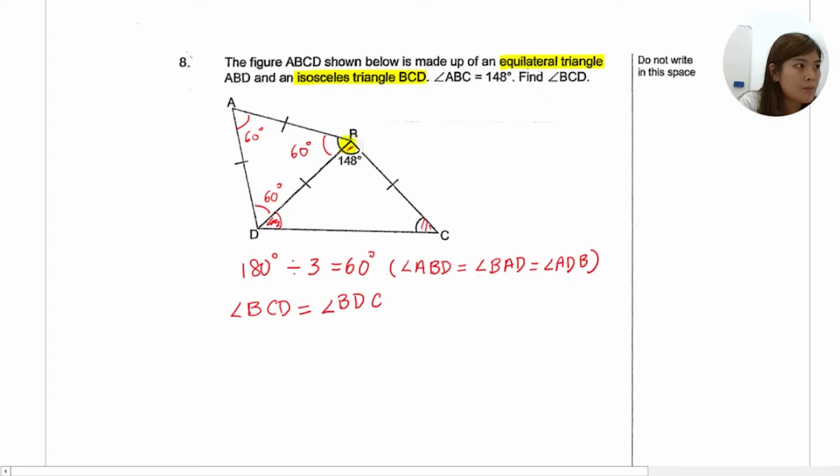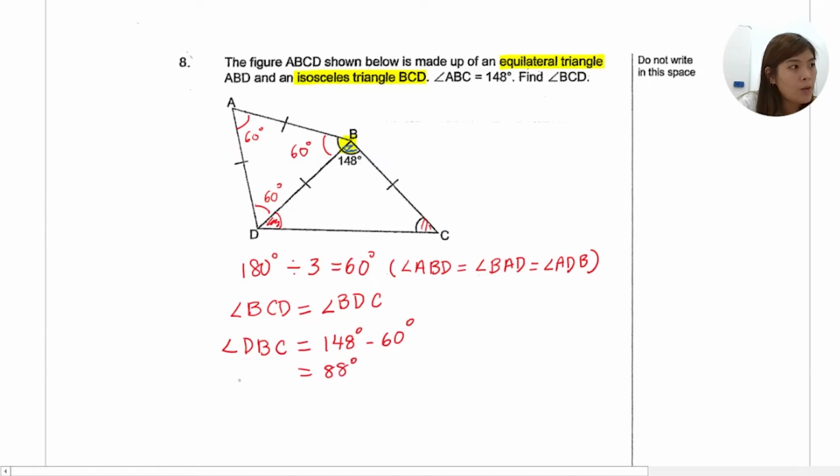So to find here, what you need to do is minus away. Angle DBC, which is the one shaded in blue, is equal to 148 minus 60 degrees. This gives you 88 degrees.